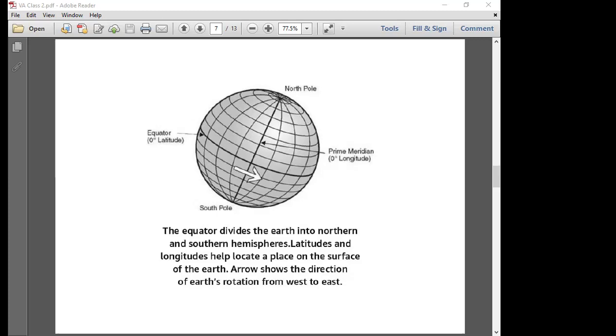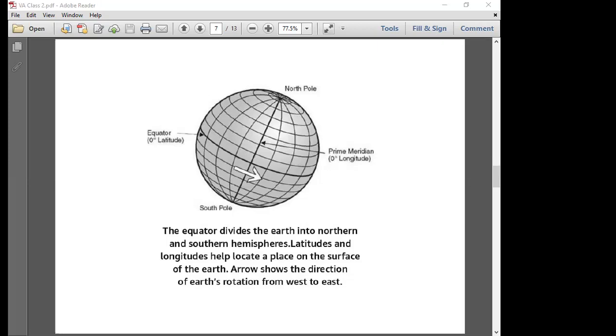N-A-D-I-R. Okay. Then we have something which is known as, in geography we have studied inclination and declination. There is another term, which is right ascension. Just as the parallels of latitude and the meridians of longitude help to locate a place on the surface of the terrestrial sphere, their extensions in the form of parallels of declination and the meridians of right ascension help to locate heavenly bodies on the celestial sphere.